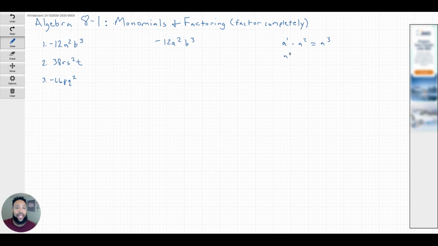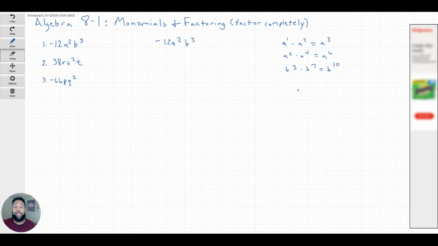If I had a to the second times a to the fourth, it would be a to the sixth. And remember, the base has to be the same. In this instance, it's a. So if I had b to the third times b to the seventh, the answer would be b to the 10th. So I hope this helps you understand multiplying exponents.